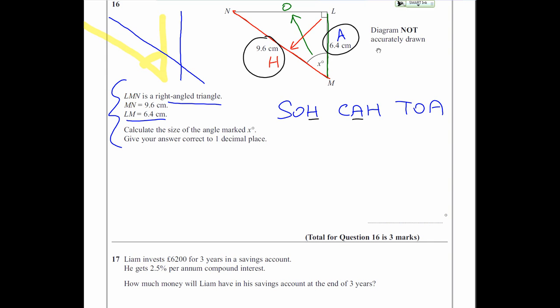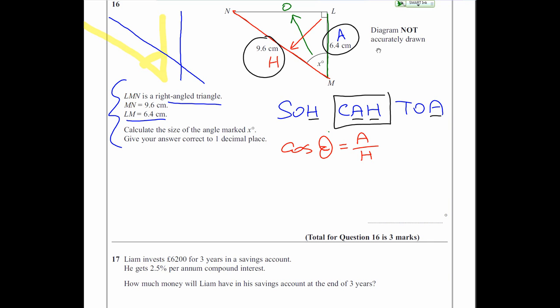H, A, H, A. And the formula that you use is the one with both. So we're using the CAH formula. Now CAH is just a nice way to remember that cos of the angle equals adjacent over hypotenuse.